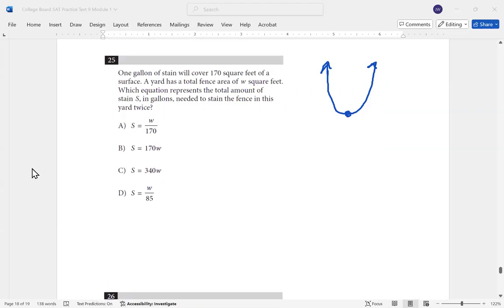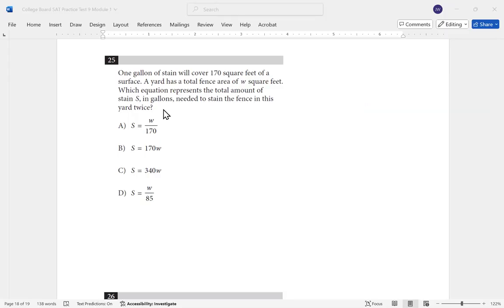Question 25. Let me clear my drawing. There we go. 1 gallon of stain will cover 170 square feet of a surface. A yard has a total fence area of W square feet. Which equation represents the total amount of stain, S in gallons, needed to stain the fence in this yard twice?